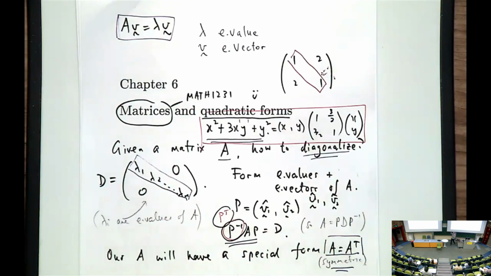Because the transpose is super easy to calculate. The inverse is hard, or harder, especially if it's 3 by 3, 4 by 4, 100 by 100, right? Nobody's got time for that. So in this case, it's sort of like the starter entry to diagonalization and all this sort of stuff. Okay?